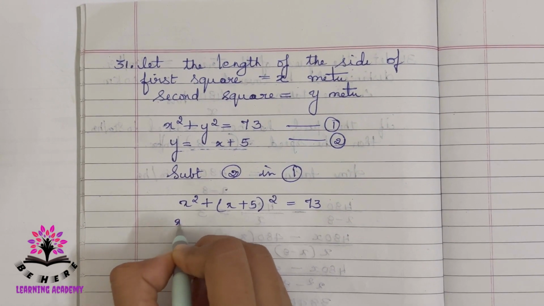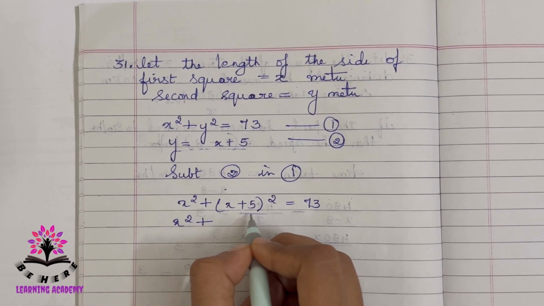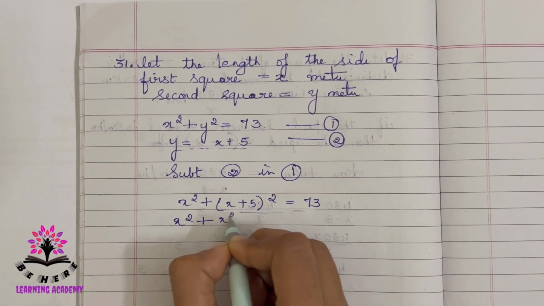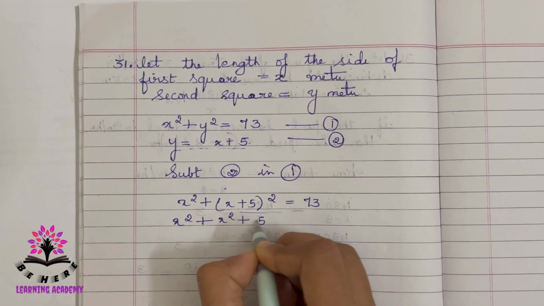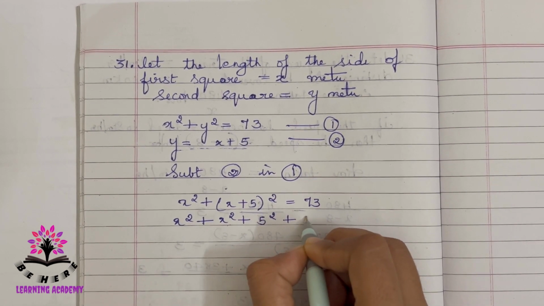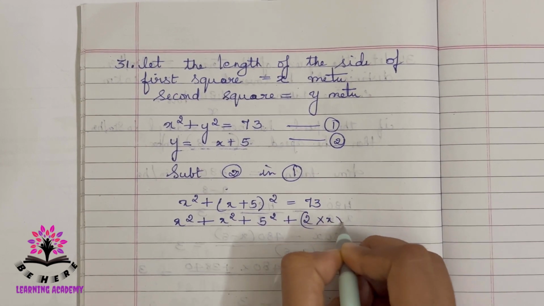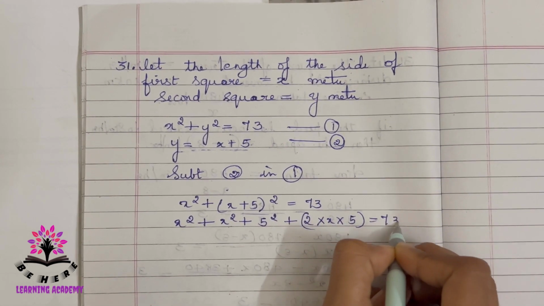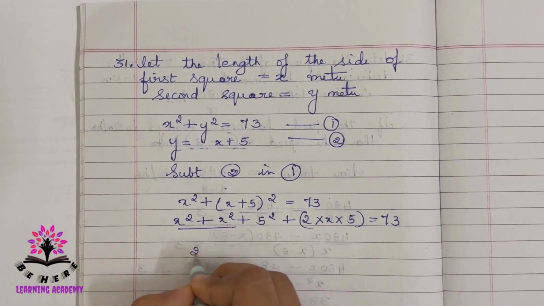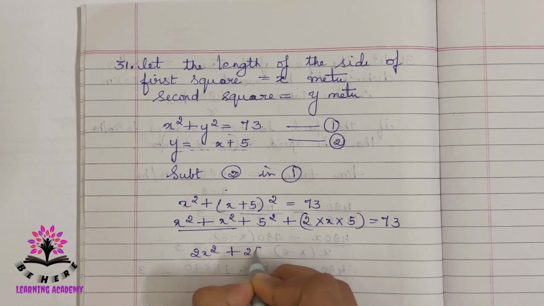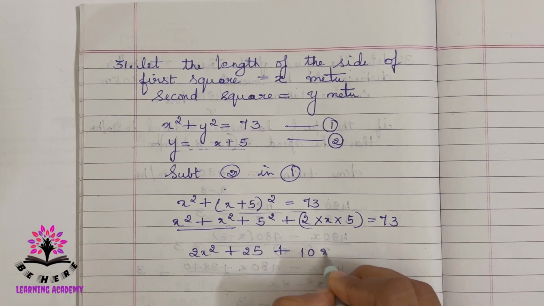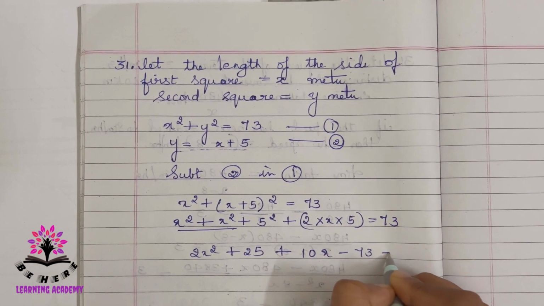Here apply the formula a plus b whole square, which is a square plus b square plus 2ab. That is 2 into x into 5 will be equal to 73. So x square plus x square will be 2x square plus 25, here it is 10x, minus 73 is equal to 0.